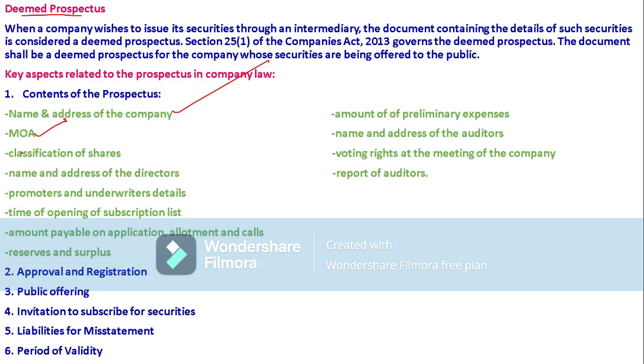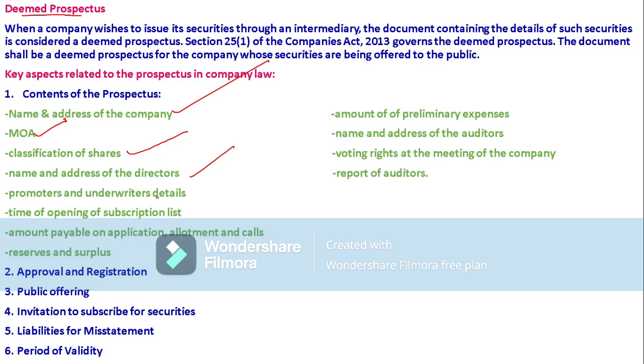And the classification of shares, like equity shares and preferential shares: how the classification has been done, the quantity and price of equity shares and preferential shares, how many of each are issued. Different aspects have to be given in detail. Then the name and address of the directors, the signing parties in the prospectus: how many directors there are, and their names and addresses.